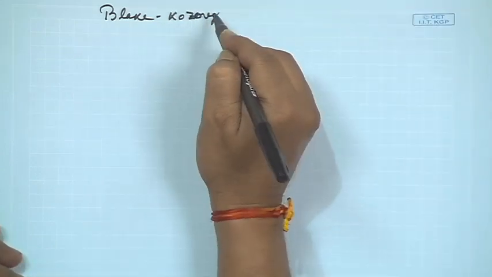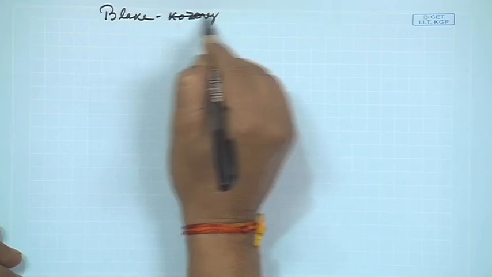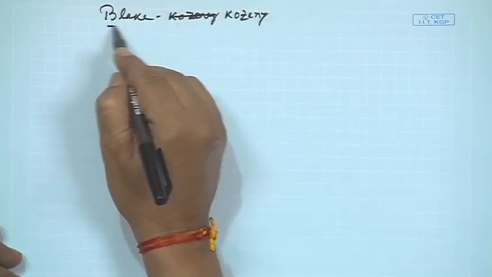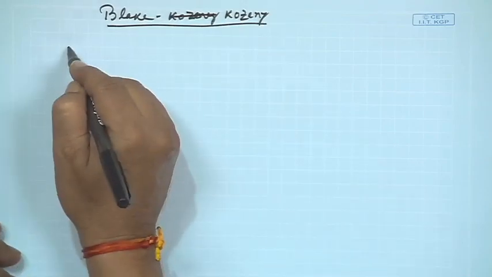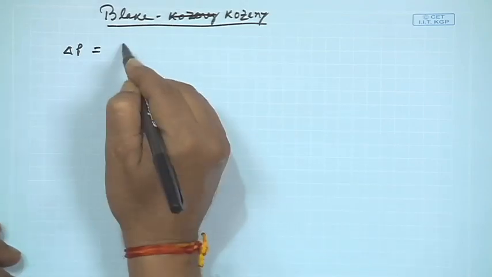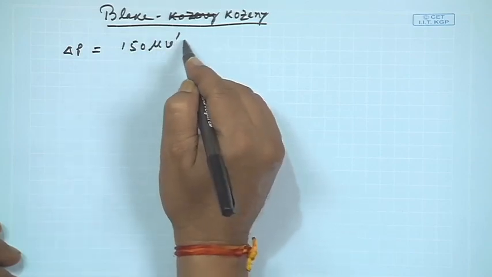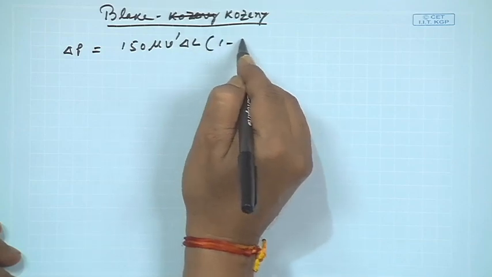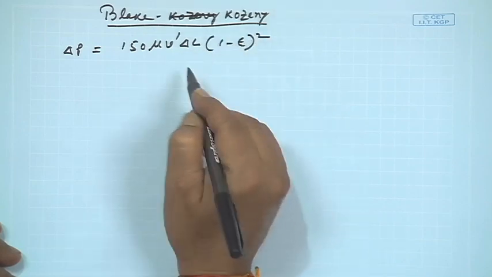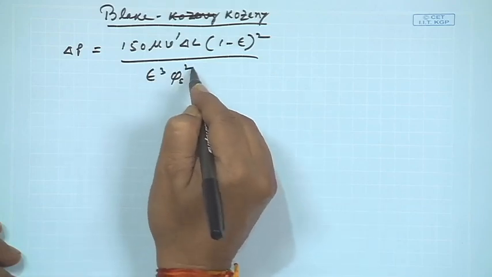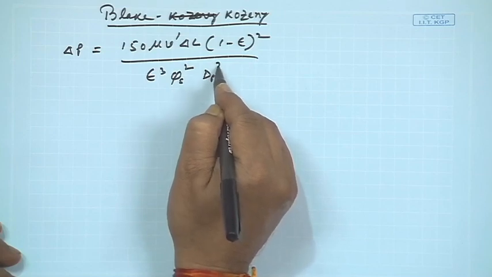From the Blake-Kozeny equation, we have seen delta P was 150 mu V prime delta L times 1 minus epsilon whole square divided by epsilon cube phi s square dp square, right.